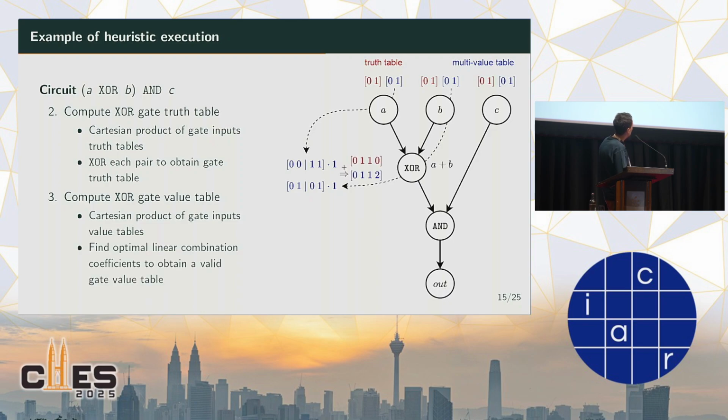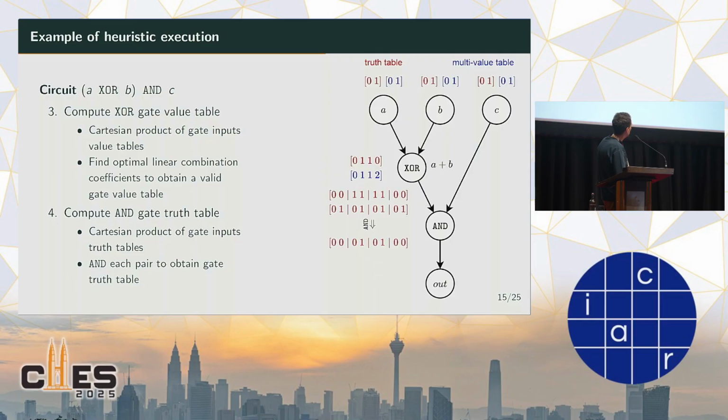When you do the linear combination of inputs, you'll obtain 0, 1, 1, 2, which is a valid linear combination for this gate because it allows us to distinguish the truth table of this gate.